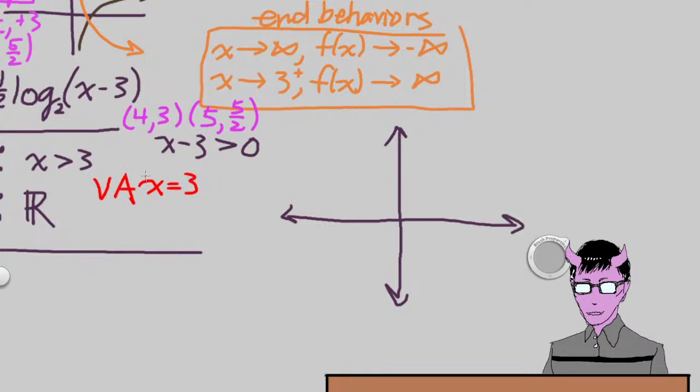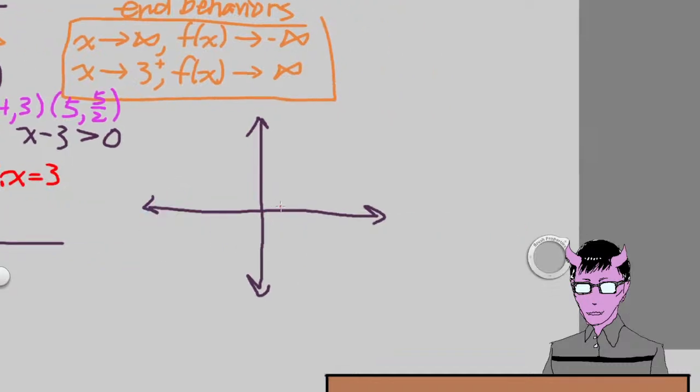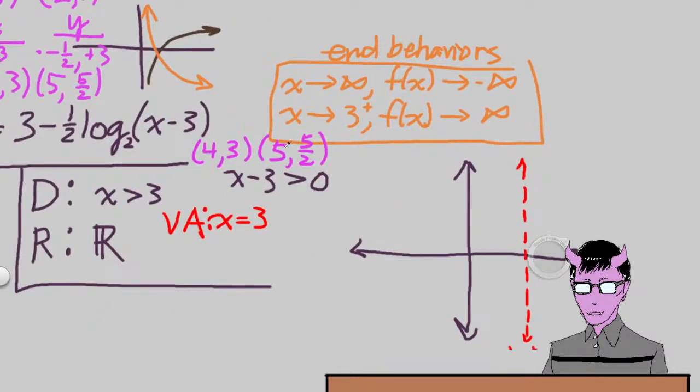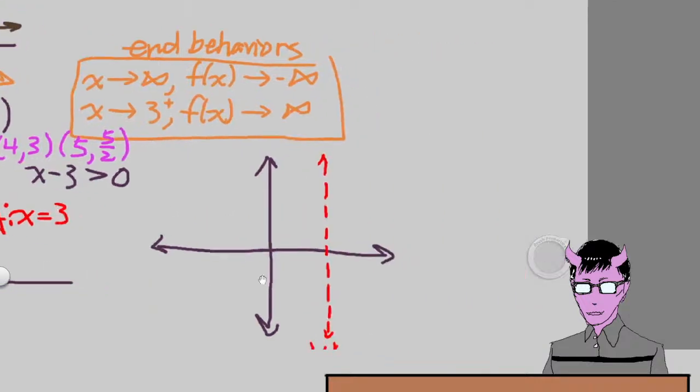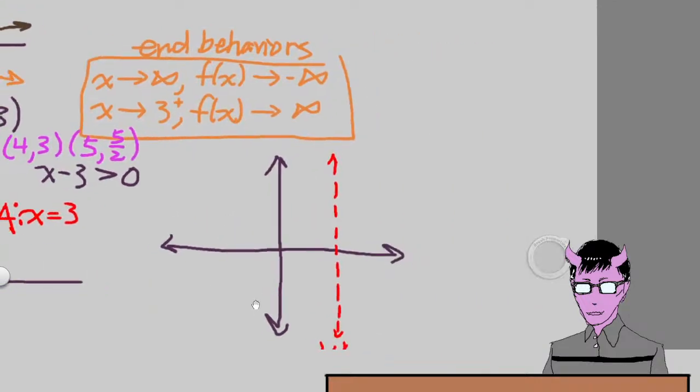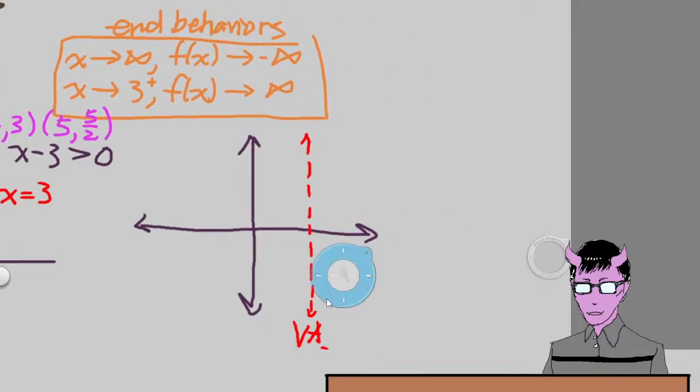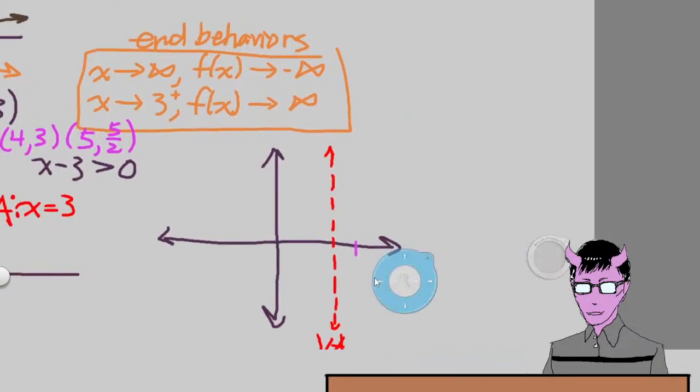I always like to put the wall first. Positive 3. 1, 2, 3. We have 2 anchor points at the moment. We have (4, 3). That's past the wall, right? So this way. 4, and we have positive 3.